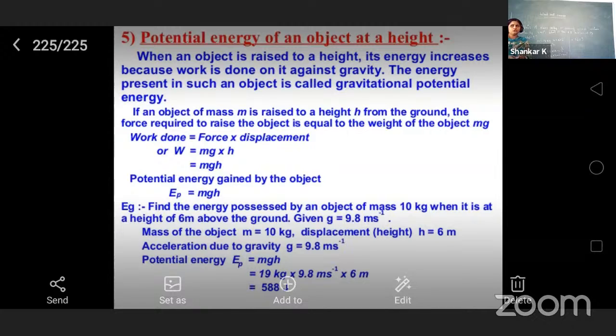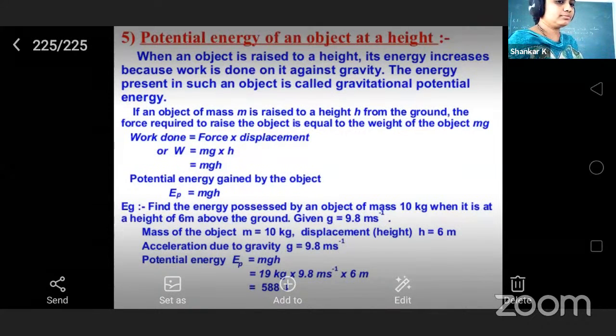Understood? You have some games at your school, right? You have to throw a heavy ball to a distance.